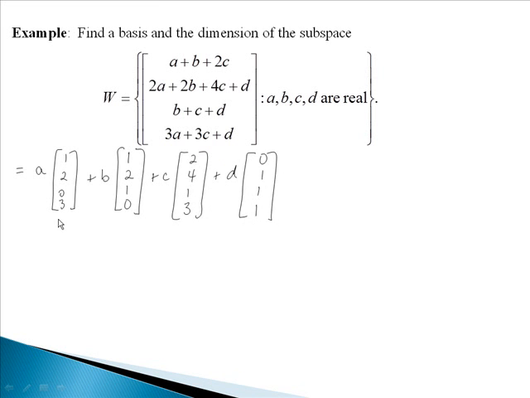So I'm going to call these individual vectors v1, v2, v3, and then v4. So then we can say that our set W is equal to the span of those 4 vectors, v1 through v4.